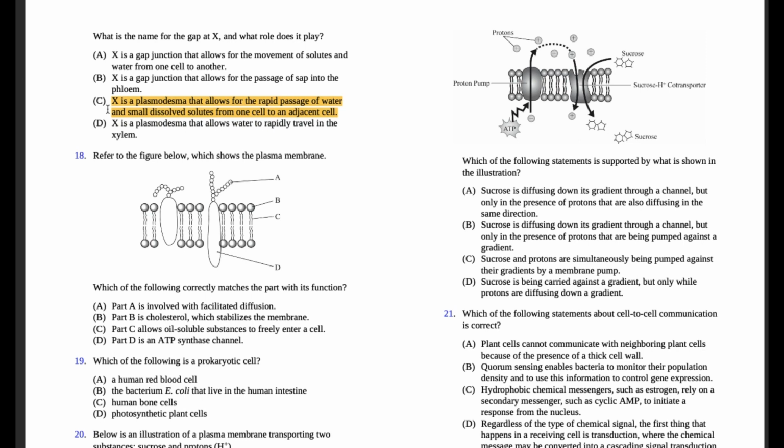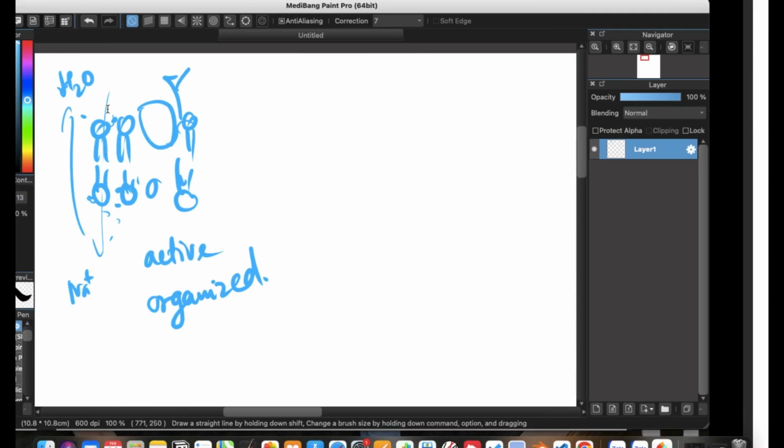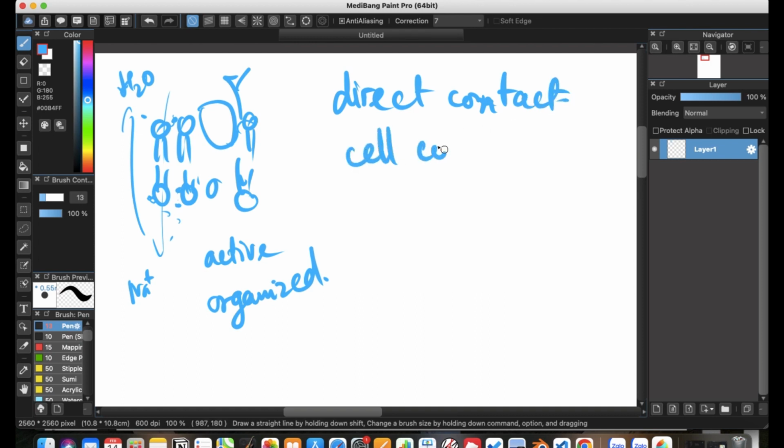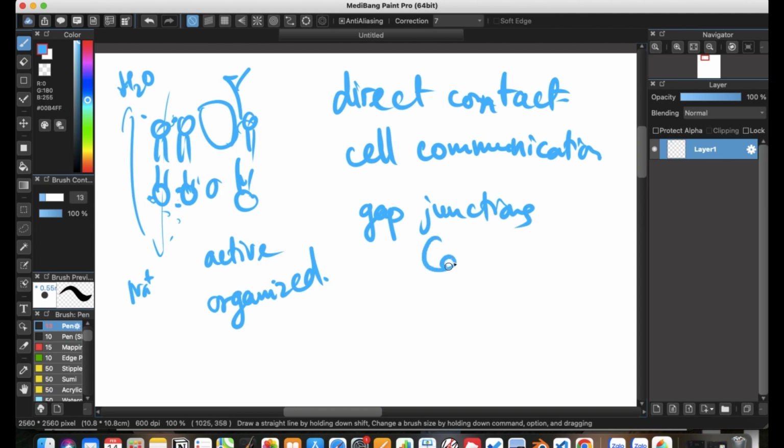You can just Google it or look it up in the textbook. But basically, for those direct contacts, types of cell communication, it's called gap junction in animal cells. And for plants, those are called plasmodesma.